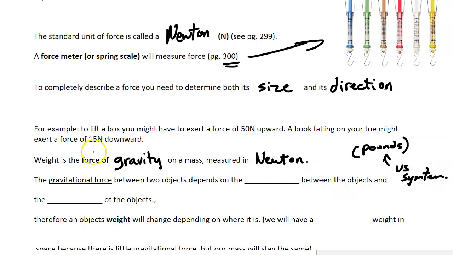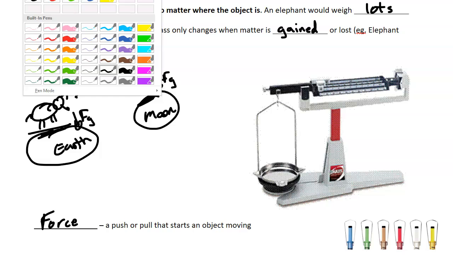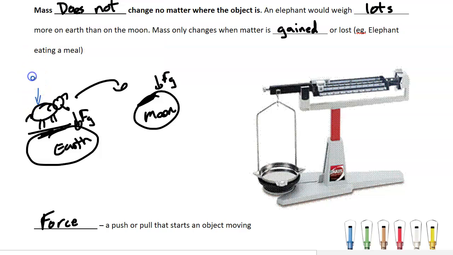The gravitational force between two objects depends on the distance between the objects and the mass of the objects. So you may be wondering, what objects are we talking about? Well, in the case of the elephant, this is object 1, and the Earth becomes object 2.